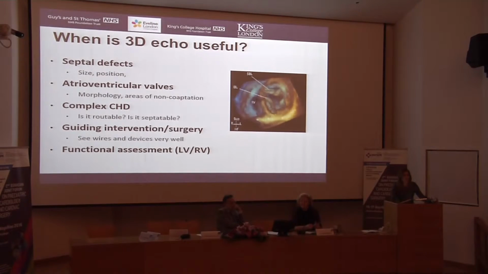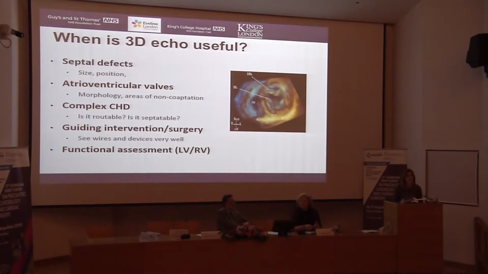But when 3D echocardiography is more useful and can give us additional information to 2D, it is very important to assess accurately the size and the position of septal defects. It can give us improved information about the morphology of the AV valves and also the areas of non-coaptation.